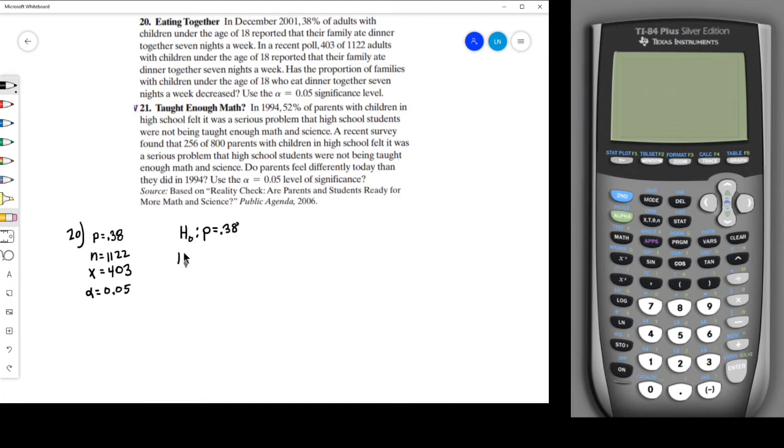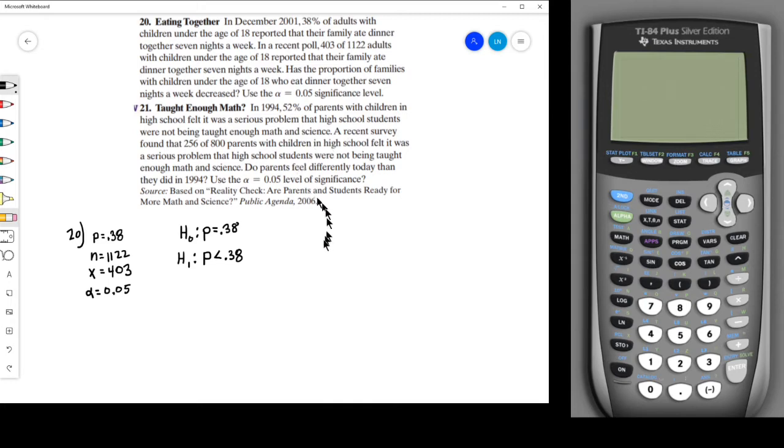For the alternative hypothesis, you have to read what they're asking, and that's always going to be the question that they're asking. Has the proportion of families who eat dinner together 7 nights a week decreased? So remember, decreased means less than. So is p now less than 0.38? That's what we're trying to see if we have evidence for.